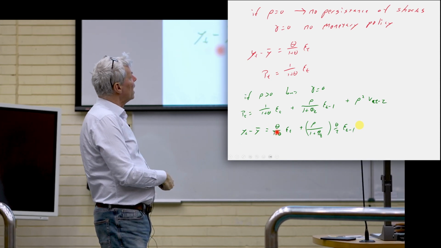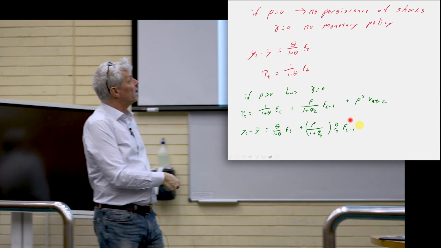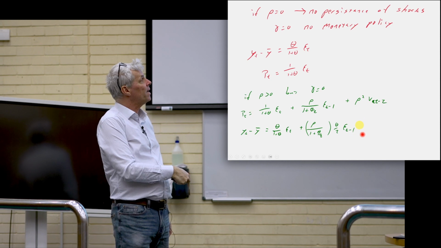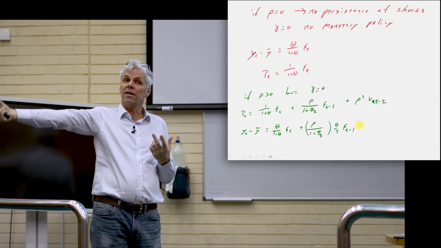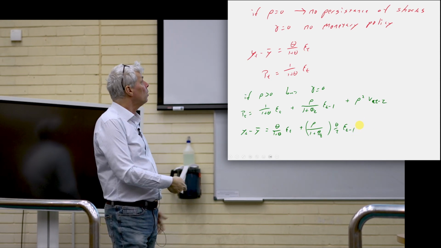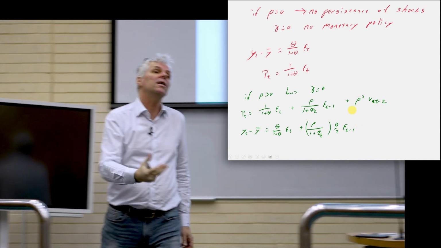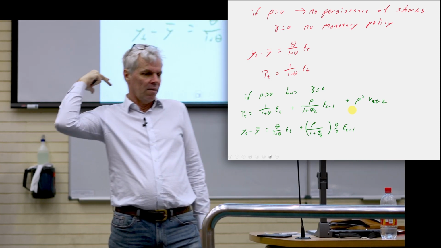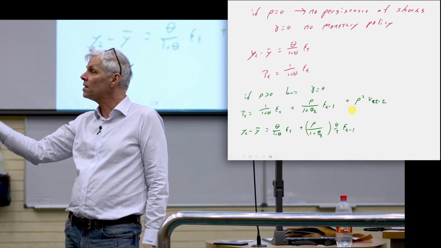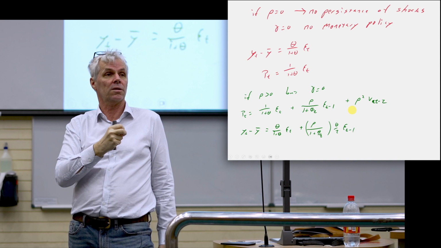And so likewise, output is the same. Because some of the people might have made mistakes based on yesterday's shock, because they were setting their wages 2 periods ago, output will be affected by yesterday's shock, right? Because that shock is still with us. That velocity was really high, some of that high velocity is still with us. Okay?